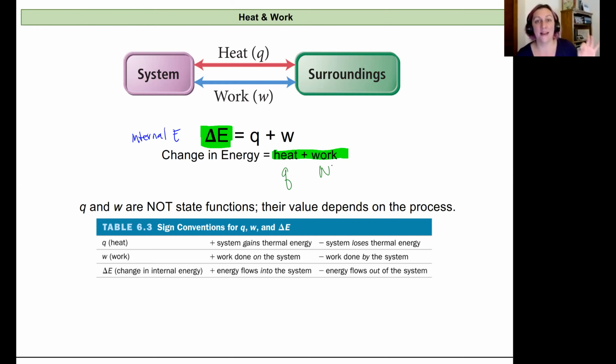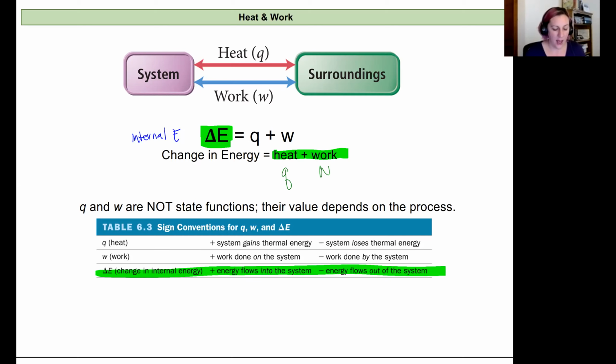These are path dependent. And so our change in internal energy is the general flow of energy into or out of the system. However, our heat will be either the system gaining thermal energy or losing thermal energy. And our work will either be done on the system or it'll be done by the system.